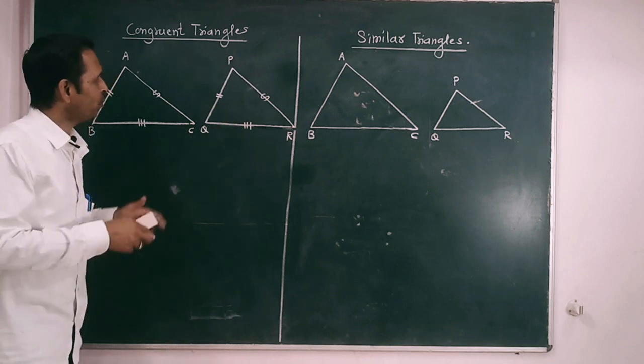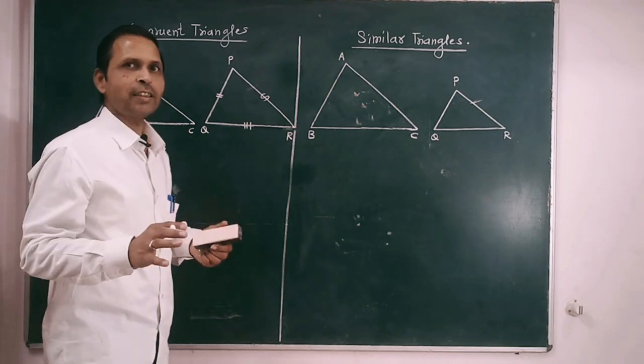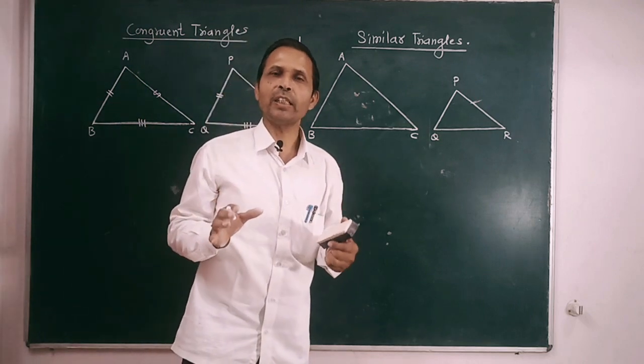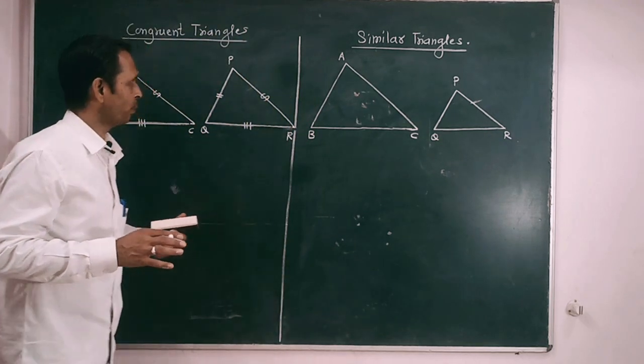Why is the size the same? We already learned in 9th standard what is meant by congruence of triangles.